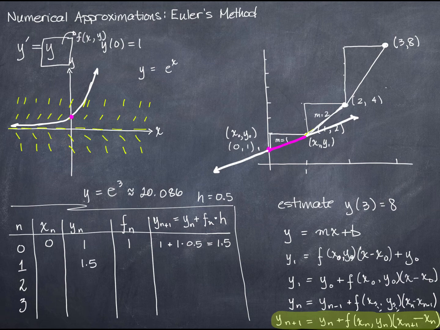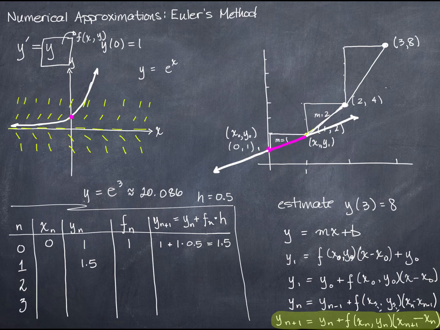I've copied this table from your textbook because of the way they've written their formula. They need this x column. I don't think we need it, so I'm going to carry on without using that, because all I'm looking for, if I want to estimate y of 3, is a y value for a particular x value. So do I care what x is? I suppose I do, because I need to get up to 3.